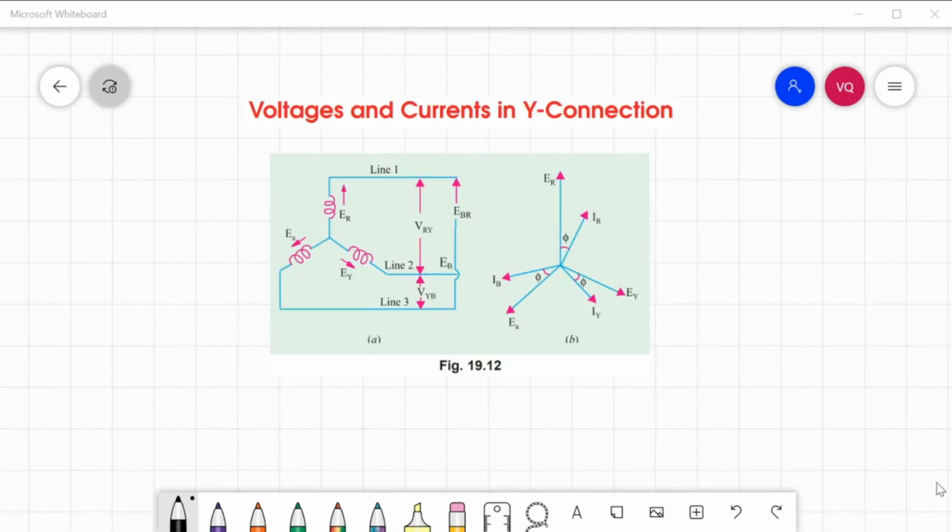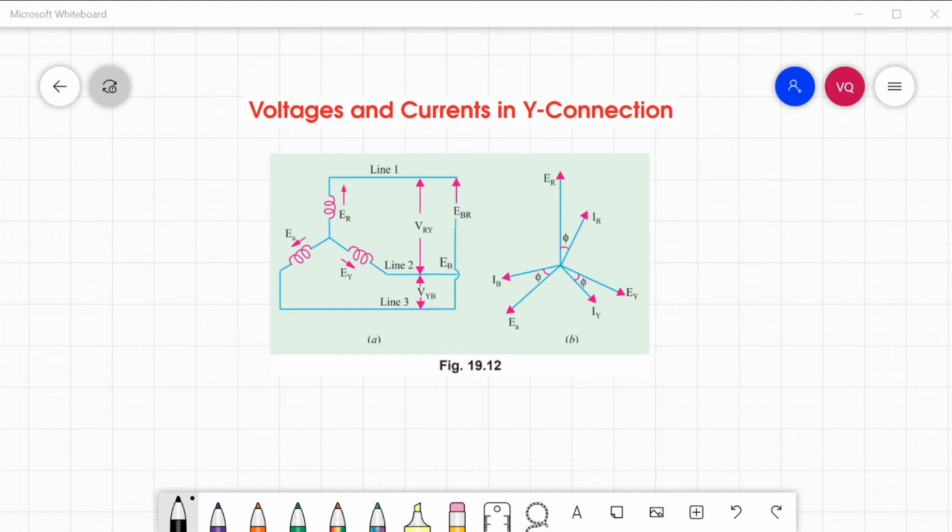Next is the voltages and currents in Y connection. The voltage induced in each winding is called the phase voltage, and the current in each winding is likewise known as the phase current. However, the voltage available between any pair of terminals or outers is called the line voltage, and the current flowing in each line is called the line current.